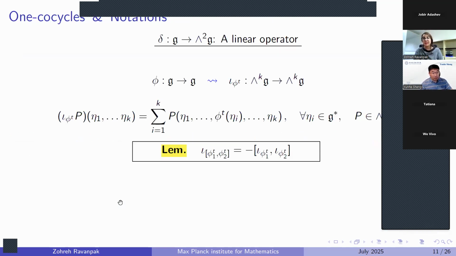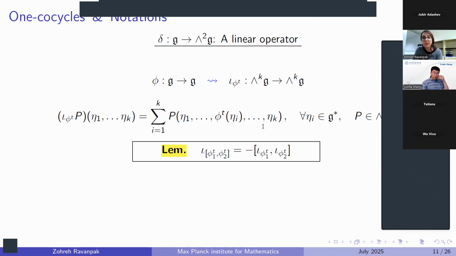So that was about Nijenhuis structures. I would like also to mention the notation on cocycles. Having a linear map on G, we can extend it to a linear map on the k-th power of G. It's just to distribute the transpose of that initial map to each component.